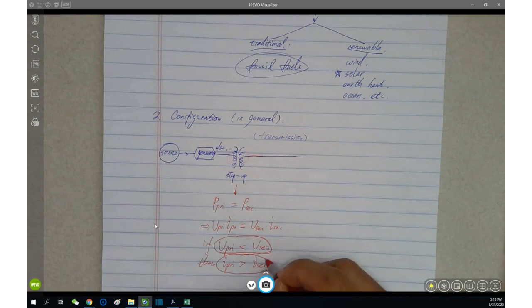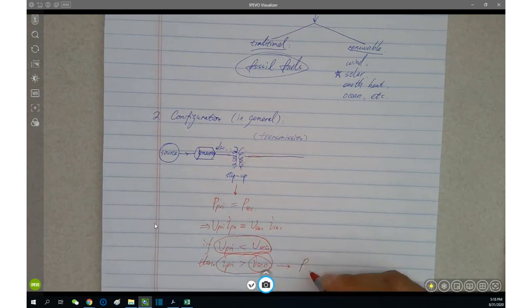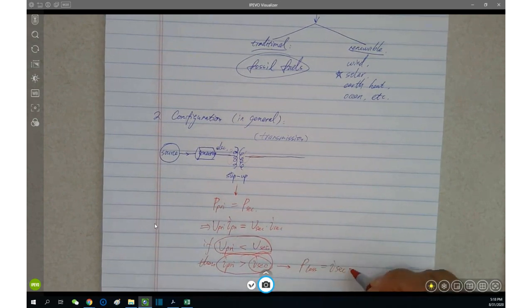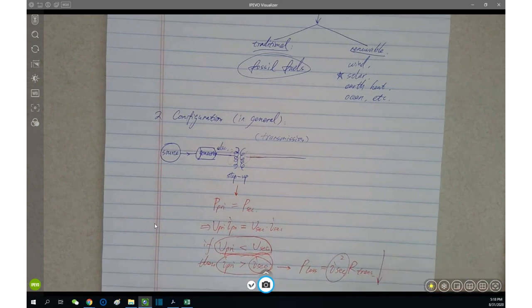This current further determines the transmission loss, I squared R. So with low current, you're going to have lower power loss. This is the reason for us to apply this step-up transformer.